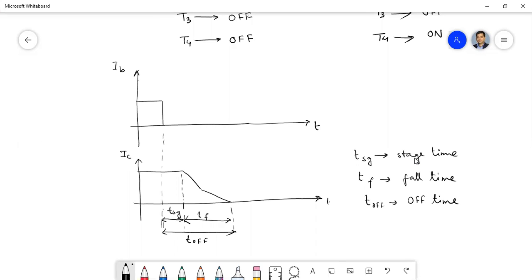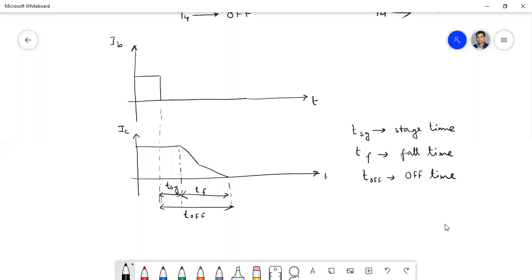Now this T off determines the switching frequency of the transistor, because I have already explained during the power diode discussion how on time and off time decide the switching frequency of any device. If the T off is very high, we get low switching frequency. So generally for BJT, the switching frequency is low due to this off transition time.